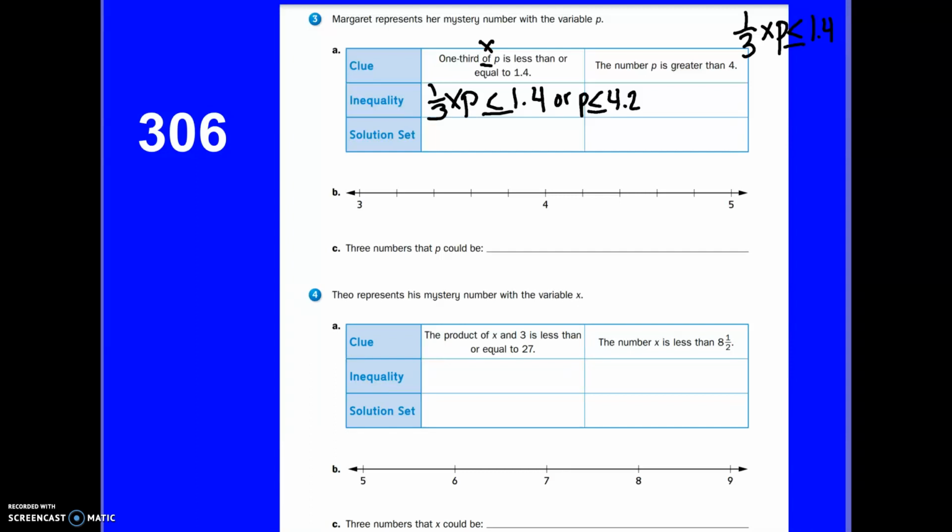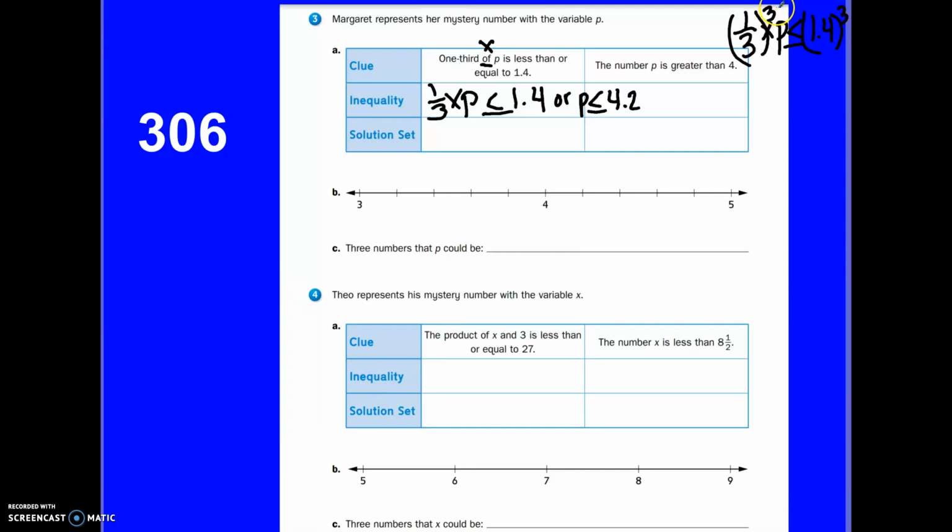to solve for p. So since p is being multiplied by 1/3 over here, I'm going to go ahead and multiply both sides by 3, since this 1/3 is technically 1 divided by 3, right?